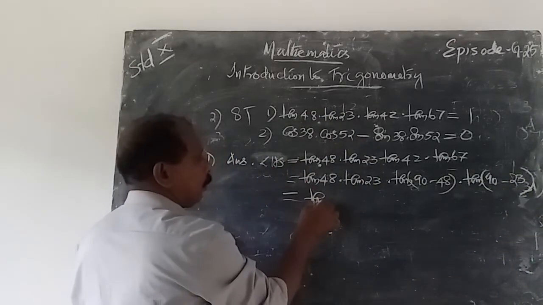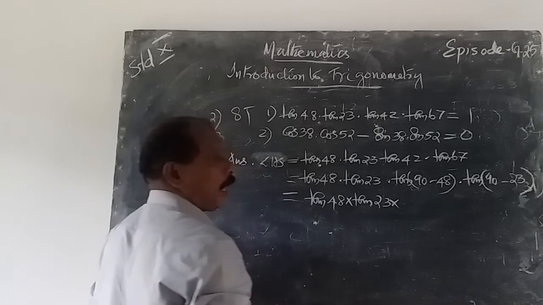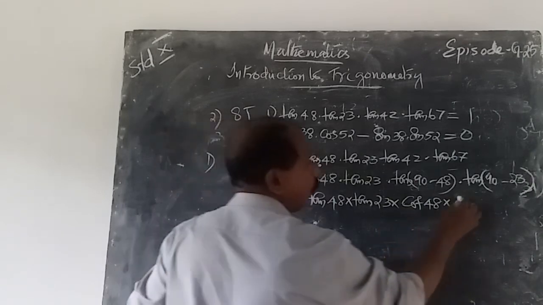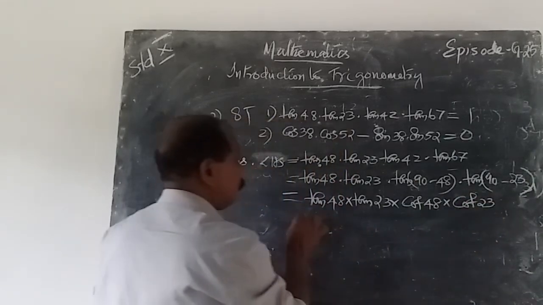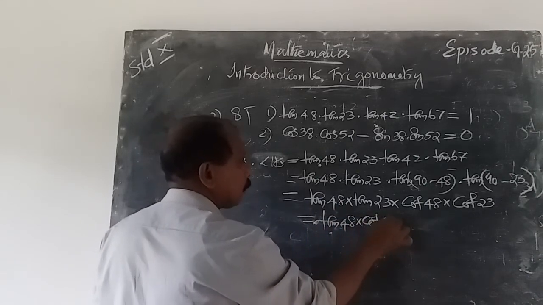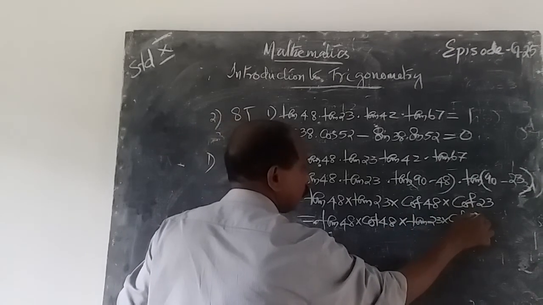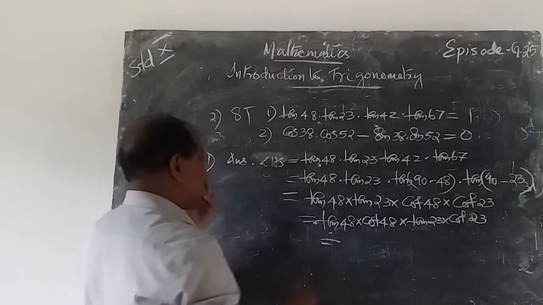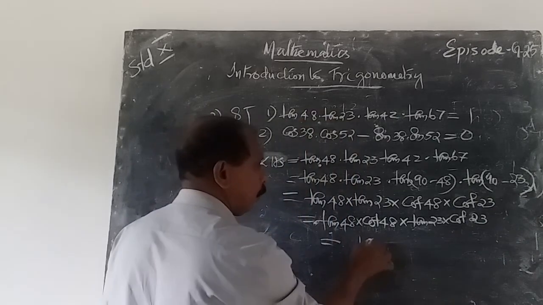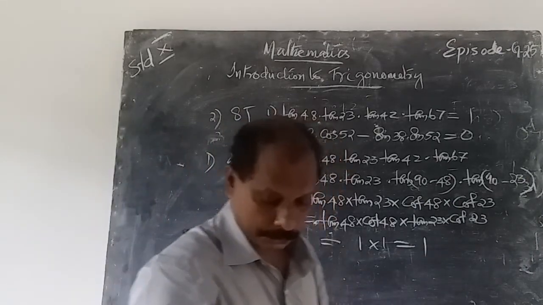That is equal to tan 48 into tan 23 into cot 48 into cot 23, which is tan 48 into cot 48 into tan 23 into cot 23. The product of a trigonometric function and its reciprocal is equal to 1. Therefore, 1 into 1 is equal to 1. That is the answer of that question.